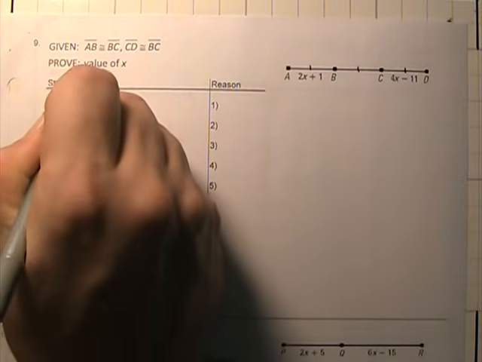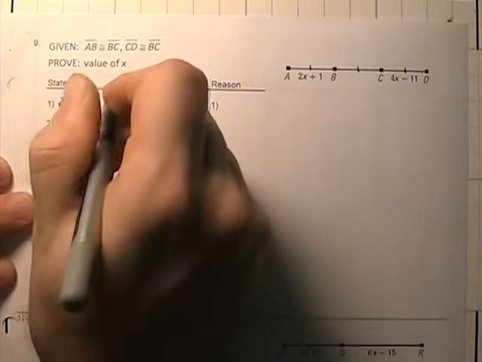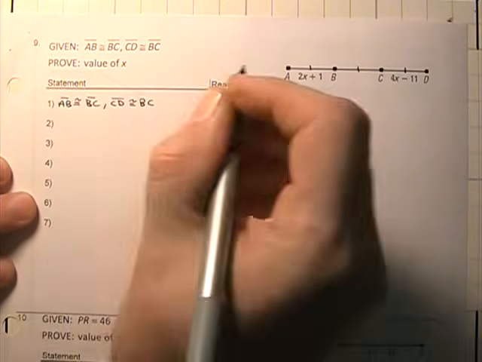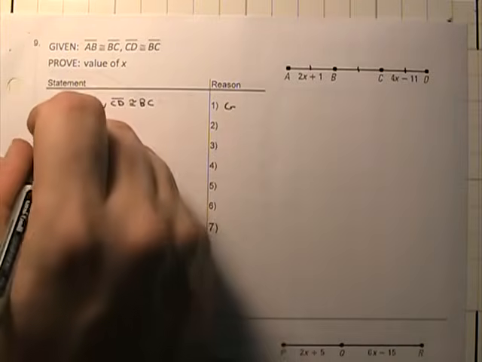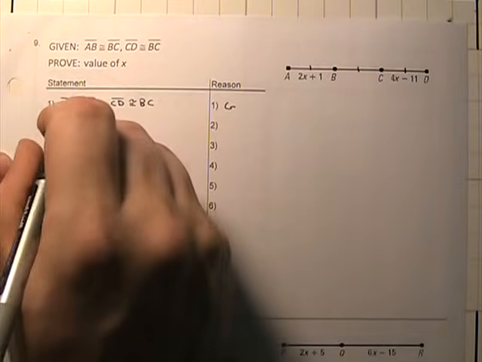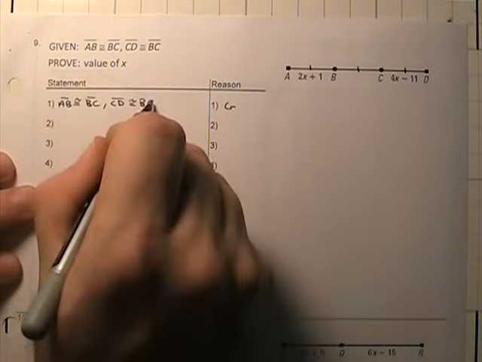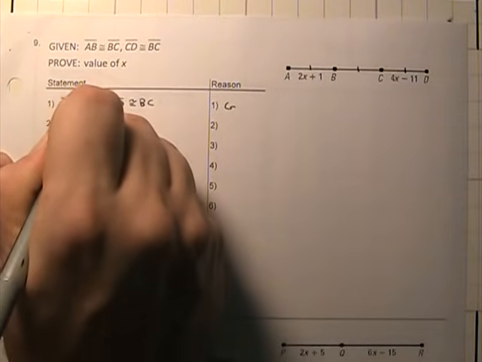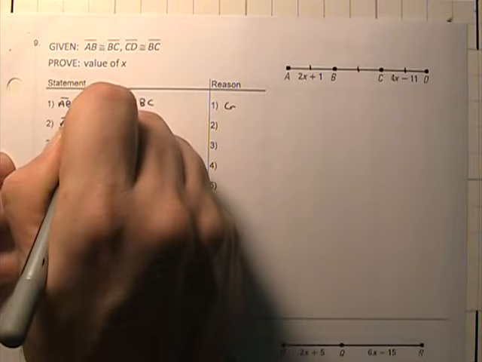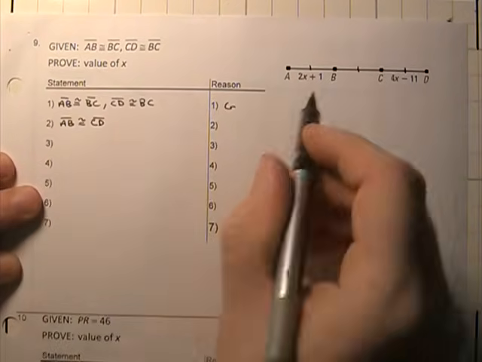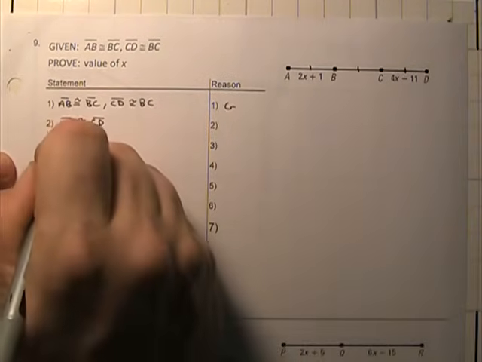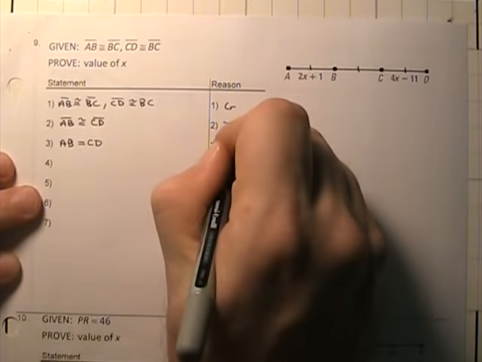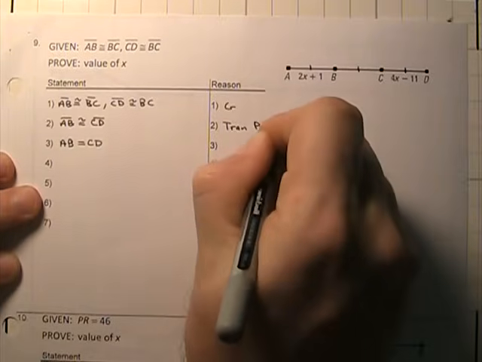AB is congruent to BC, and CD is congruent to BC. That's given. And because of that, the transitive property, if A is congruent to B and B is congruent to C, segment AB must be congruent to segment CD. Of course, I want these two because these are the two I'd like to set equal to each other. So this is the transitive property of congruence.